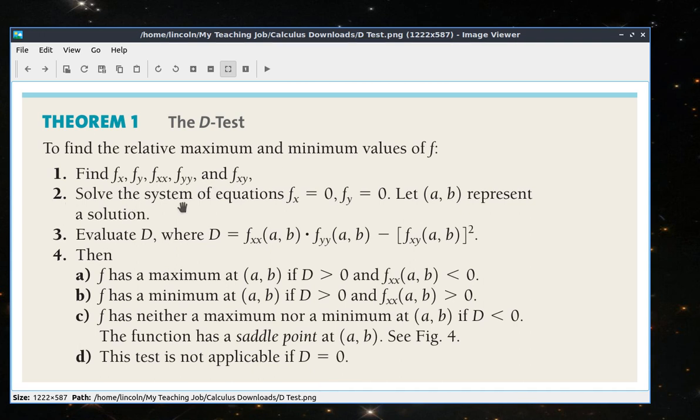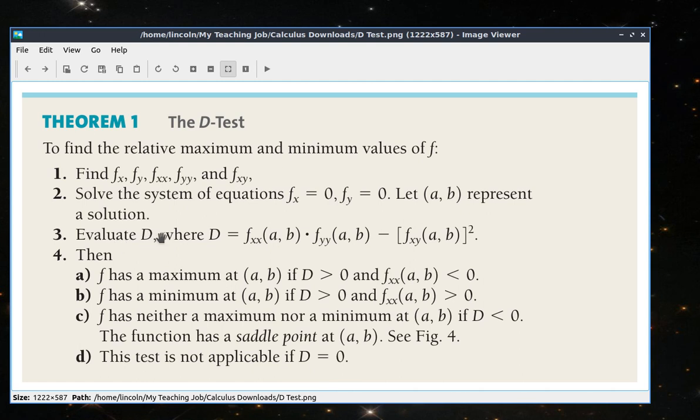Alright, then after we find the first derivative with respect to x and the first derivative with respect to y, we equate each to 0. Right? Then we solve and find the locations of the critical points.